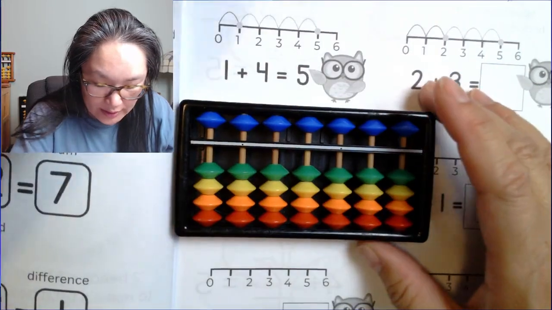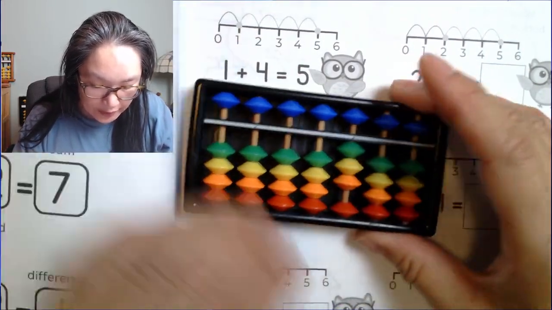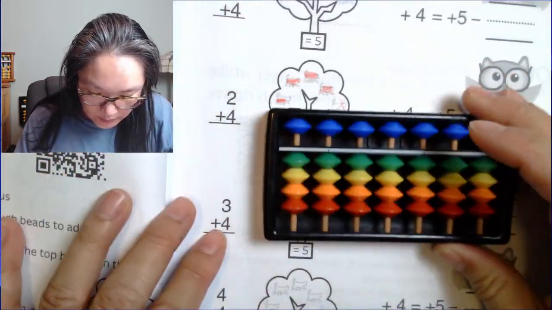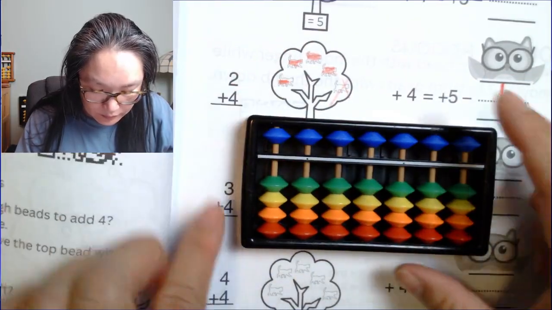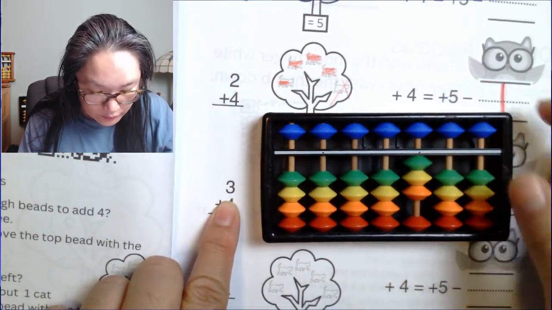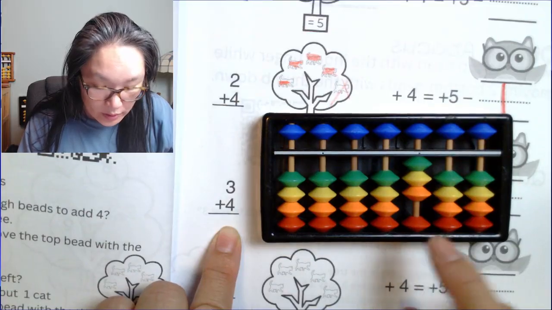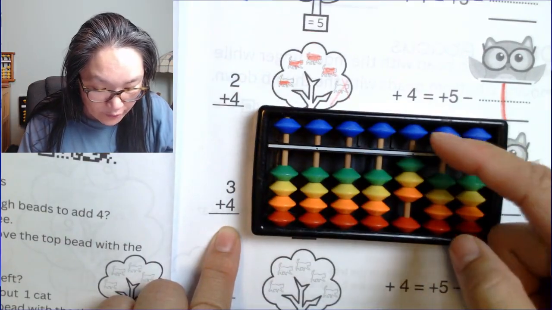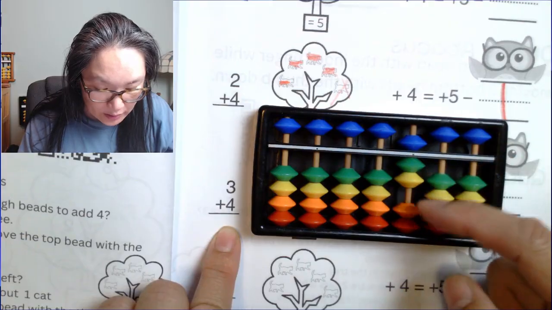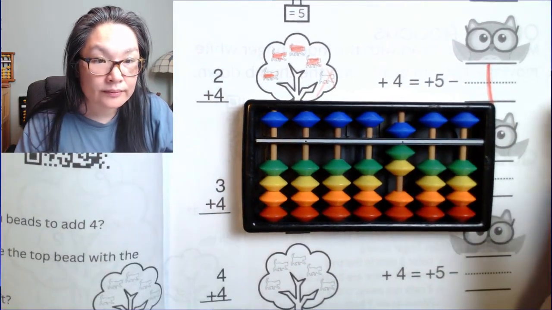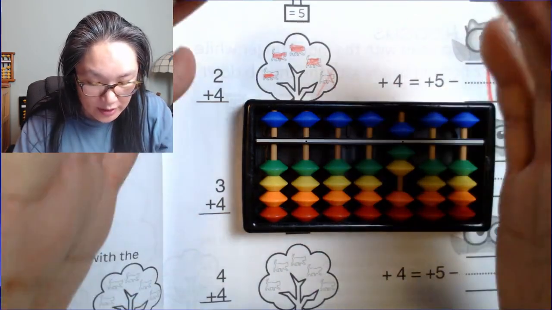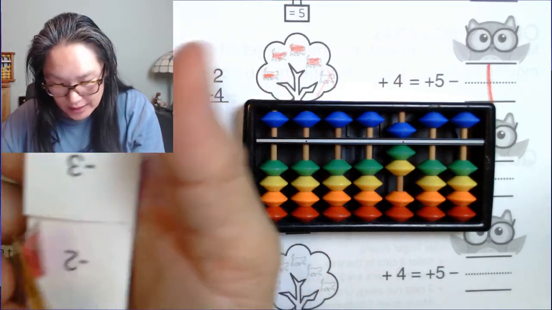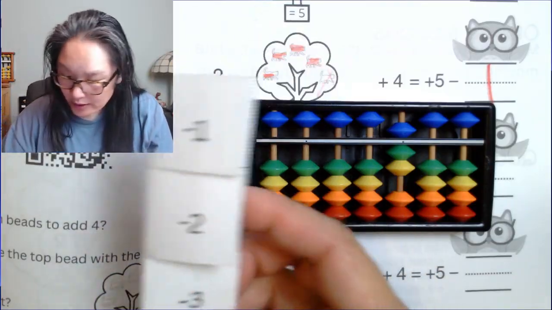So if we have 3 and I want to add the 4, we know we have to utilize this 5. So plus 4 is equal to plus 5, take away 1. This is a formula that we need to memorize. After we memorize these formulas, and there's a set of formulas, we have making a 5 and subtracting the 5.